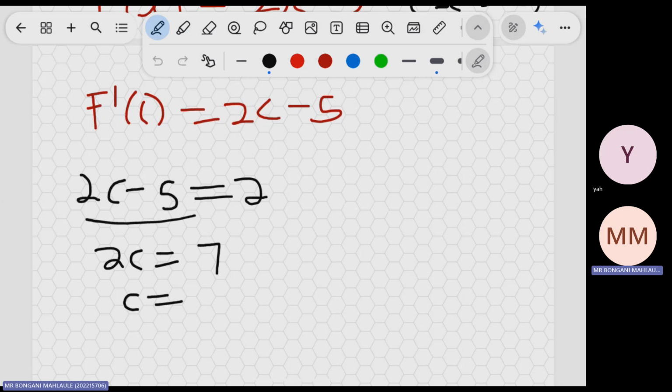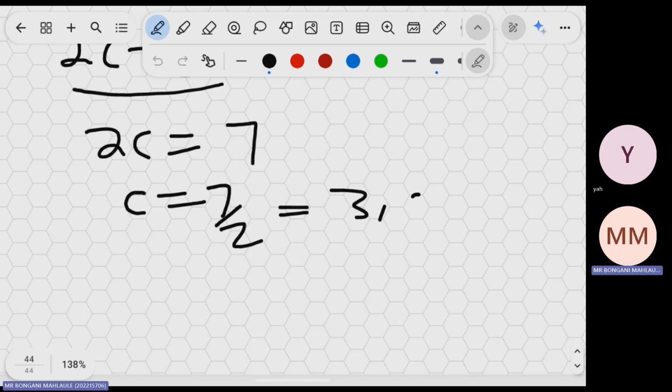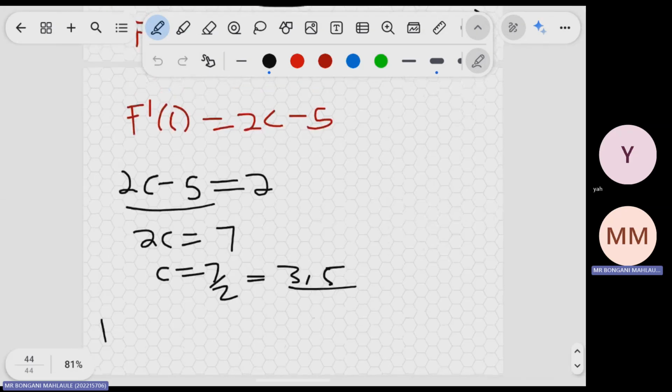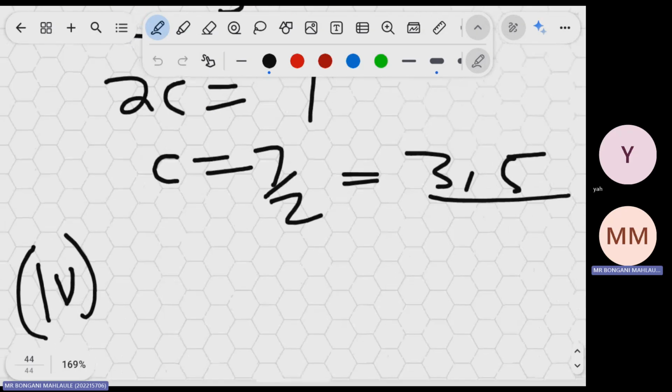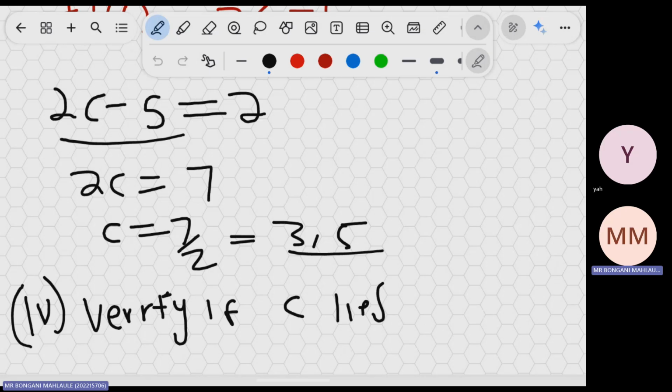C will be equal to 7 over 2. Now, we must verify if 3.5 lies on that interval, if c lies between a and b.